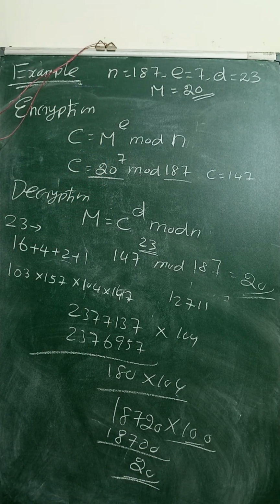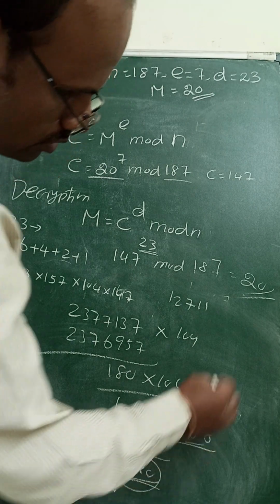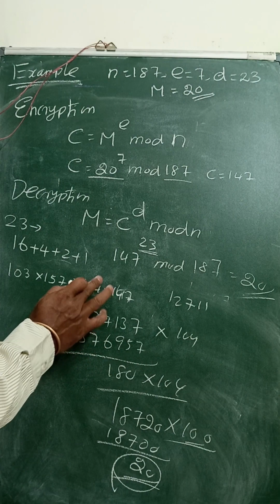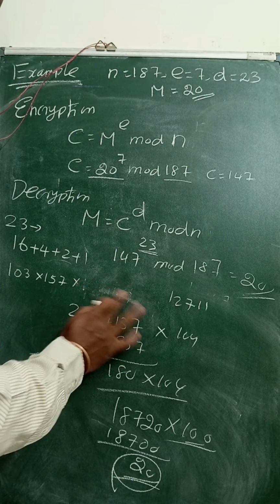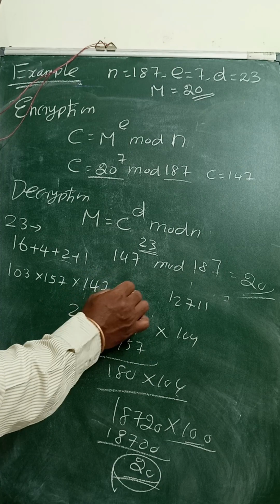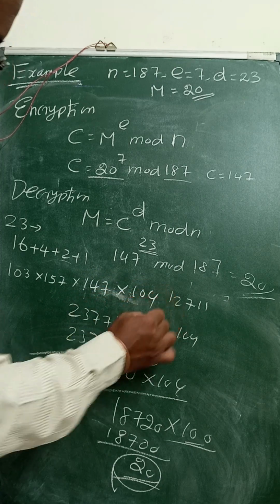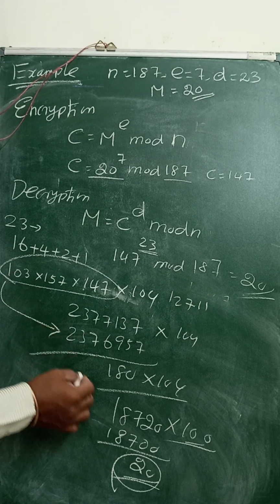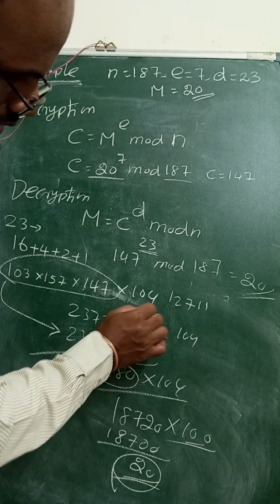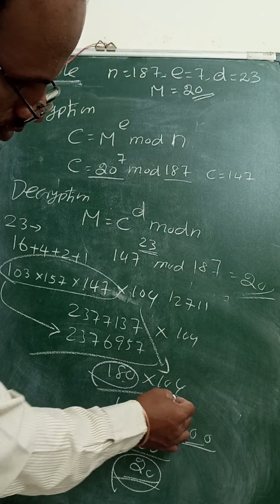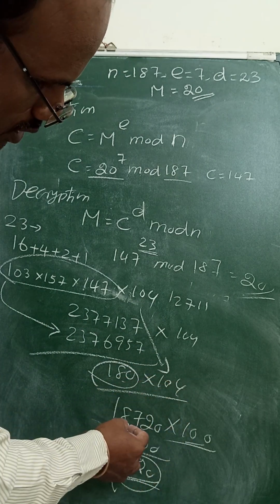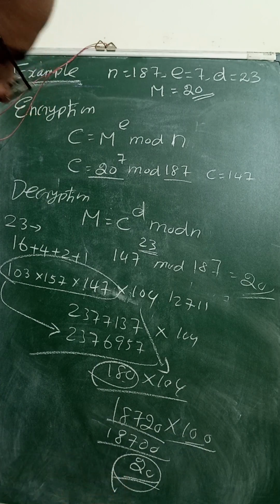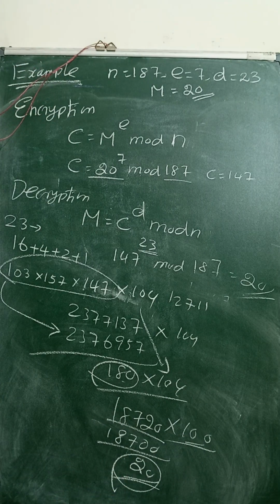So finally we got the value equal to 20. So the receiver has to multiply this product except by 104. 147 into 104. This entire value substituted from here, we got the remainder equal to 180. The last value equal to 104. 104 want to multiply we got the 18700. 100 times possible.